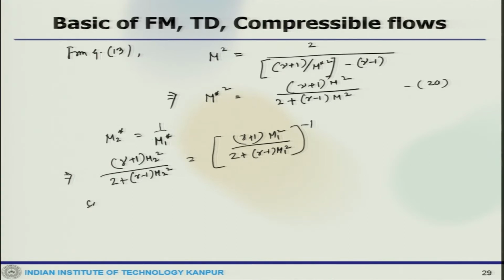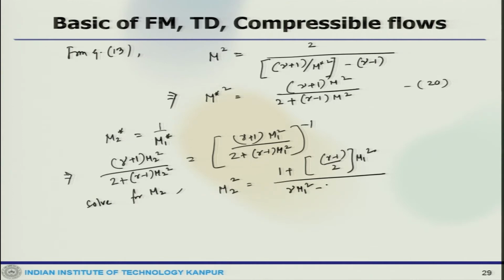Now, if we solve for M2, that yields M2 square is 1 plus (gamma minus 1) by 2 M1 square, divided by gamma M1 square minus (gamma minus 1) by 2. So, this is what we get.